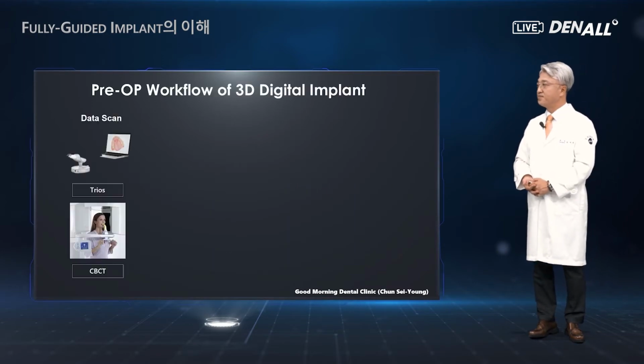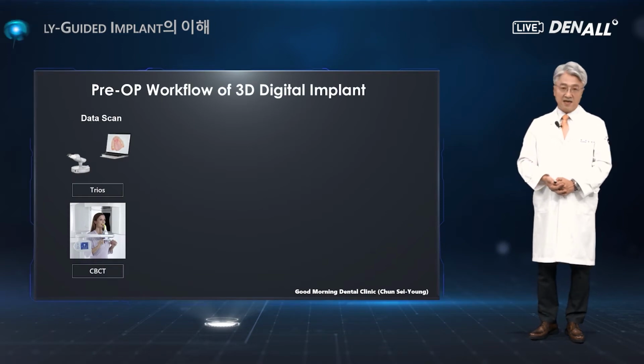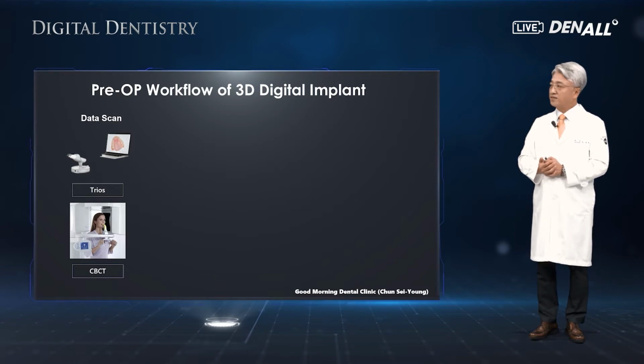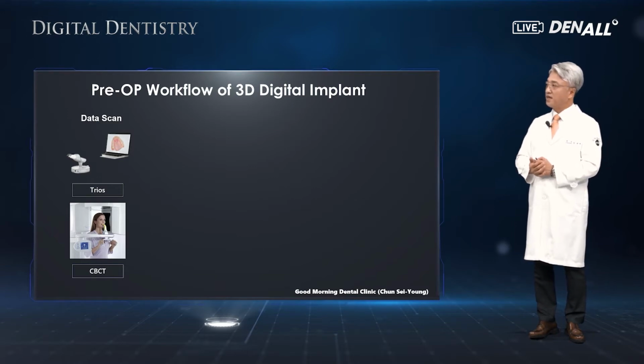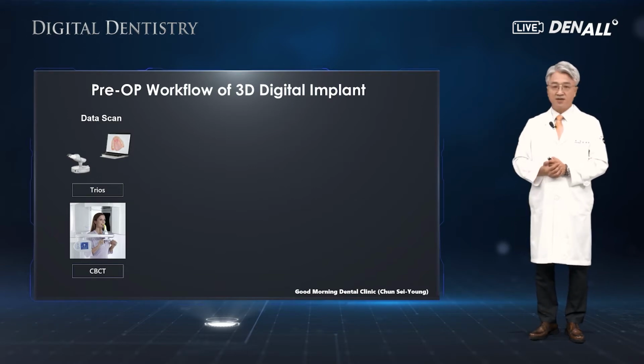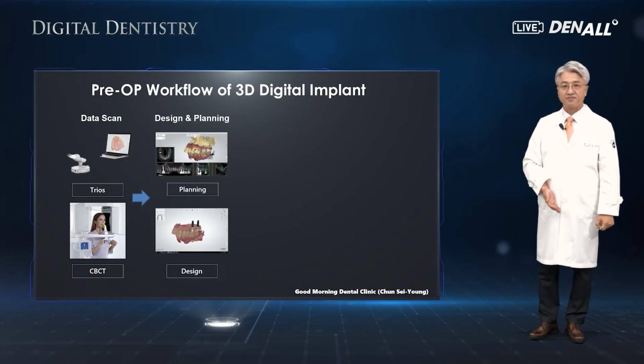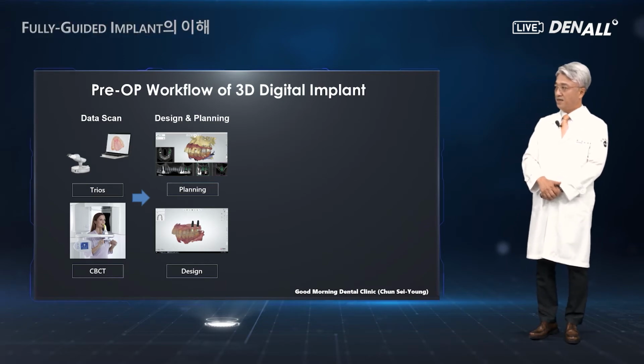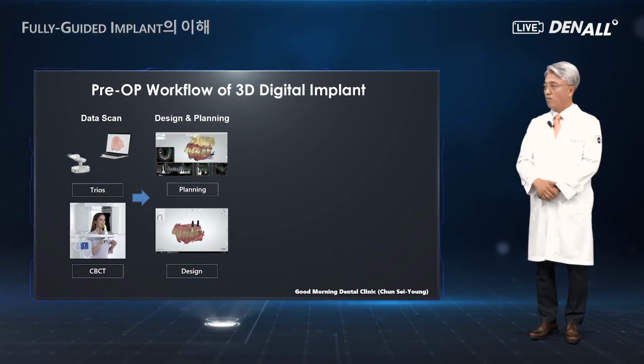Pre-OP workflow. At the beginning, data is collected using oral scanner. Scan data is acquired, and the three-dimensional data is acquired using the CT. Next, with the design planning software, fixture coordinates are determined and further designed in the prosthesis CAD.